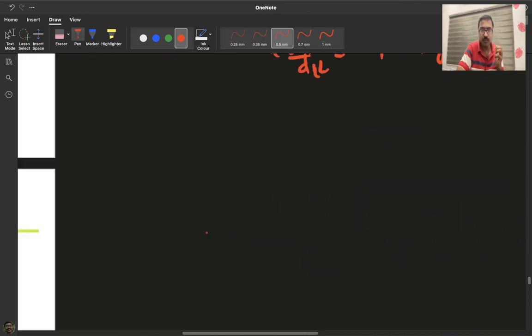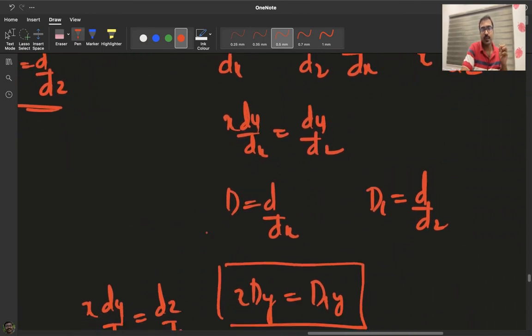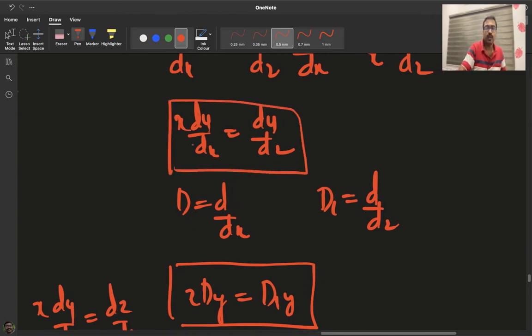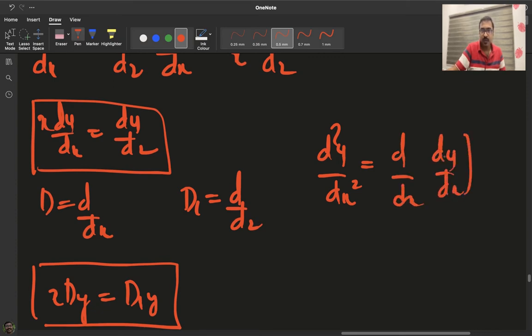Now you know the value of dy by dx. If you want, you can try to find how to write d square y by dx square. It is simply d by dx of dy by dx. And dy by dx from this equation is d by dx of 1 by x into dy by dz.